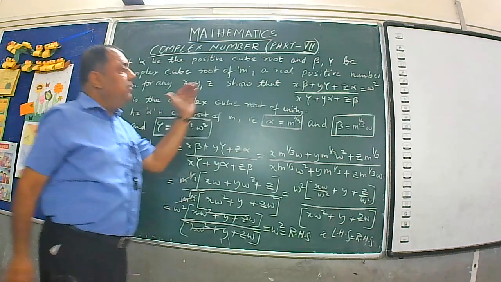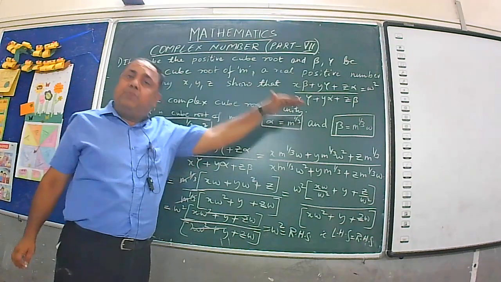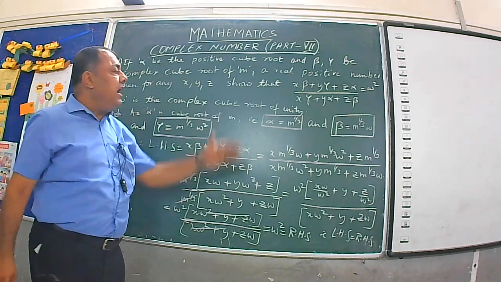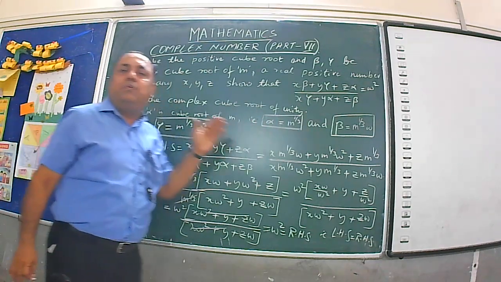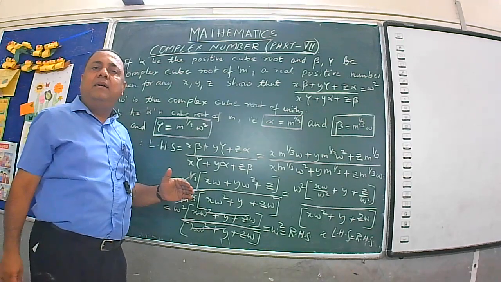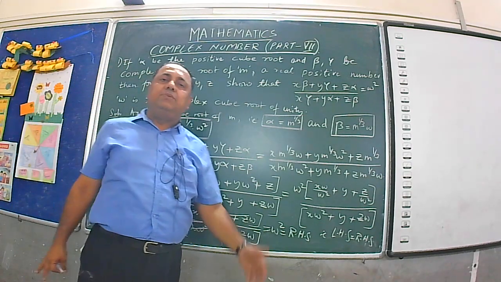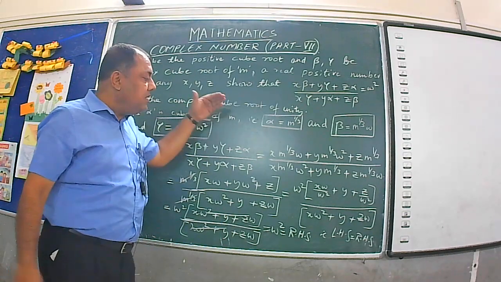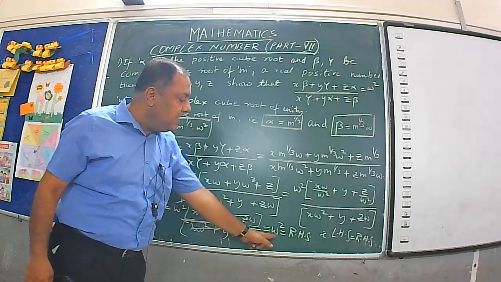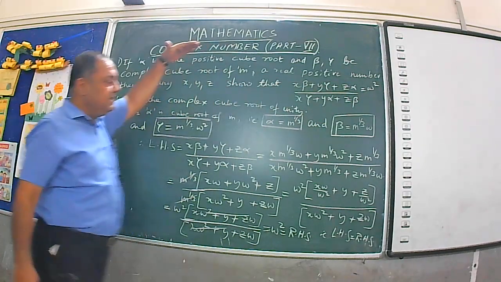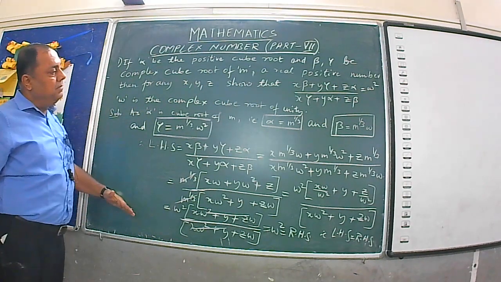A very important problem. It looks very difficult, but actually you would find, after assuming values of alpha, beta and gamma, the problem becomes very simple and easy to work out. And I have worked out this, and my left hand side is equal to right hand side, and this is the complete problem.